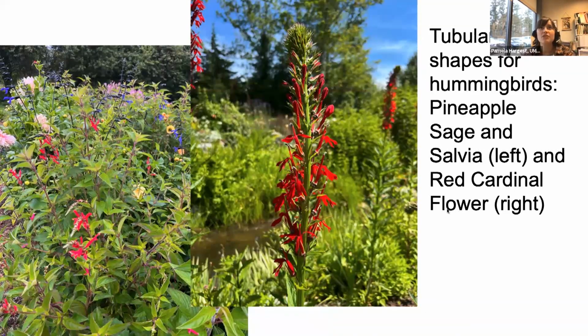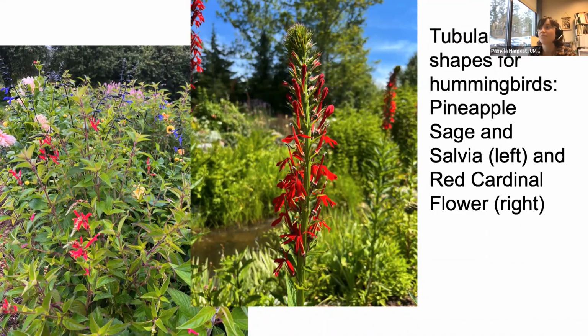So when you're thinking about diversity of plants, you also want to think about diversity of flower shapes if you are particularly interested in supporting pollinators. I just included this example of some plants that have tubular flower shapes that attract hummingbirds. And after this past season, we saw a huge increase in hummingbirds in our garden space.